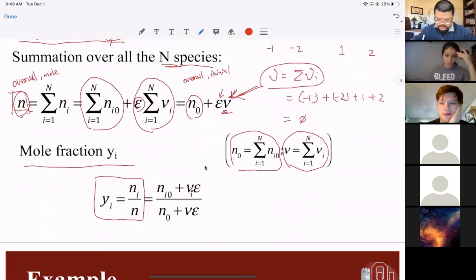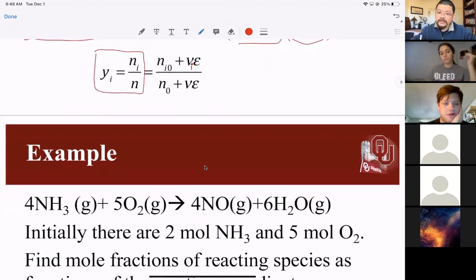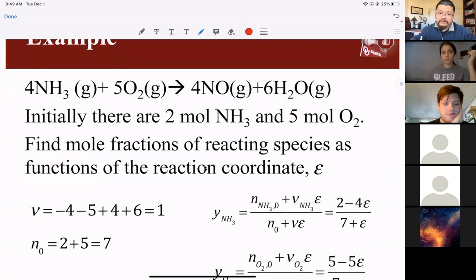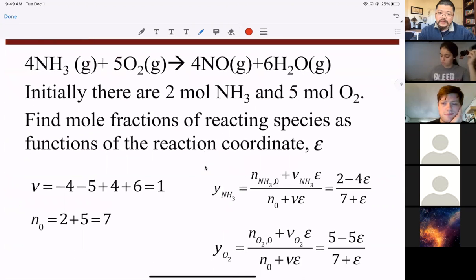Good to know. So now let's move forward. Here I have one example, ammonia. We are going to burn ammonia with oxygen, unfortunately producing NO and water. So the equation is balanced. And then we were told that initially we have 2 moles of ammonia and 5 moles of oxygen, and we need to find the molar fraction of the reacting species.